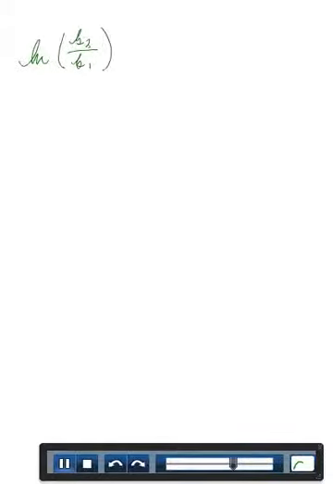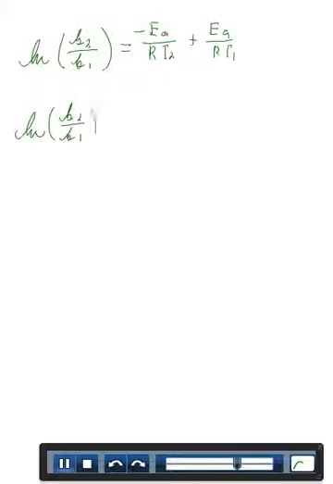I have the natural log of the ratio of the rate constants, and since I'm taking the natural log, which has base e, the right side of the equation will just be the powers. And I'll factor out on the right side of the equation minus E sub A over R, and it will give me this difference in the inverse of the temperatures.